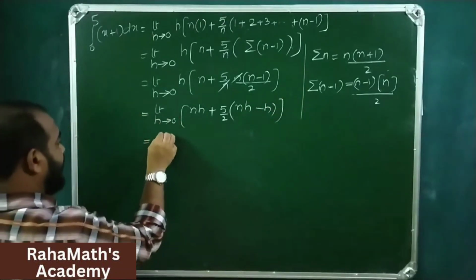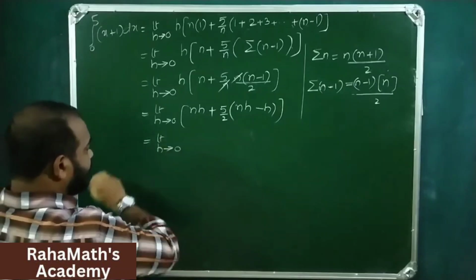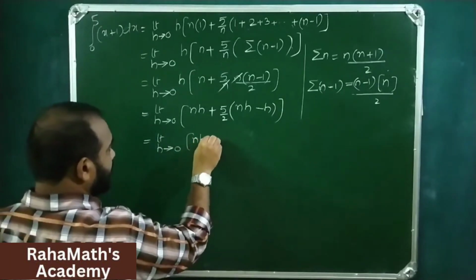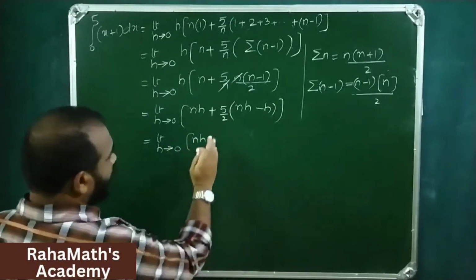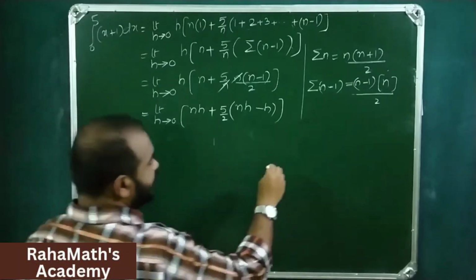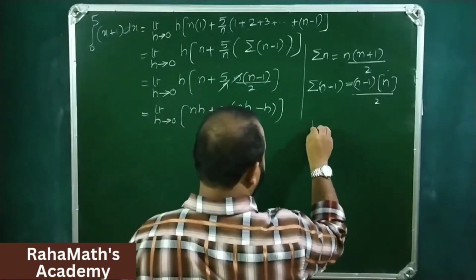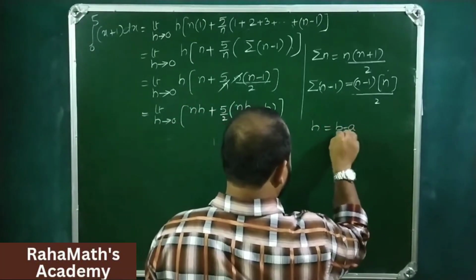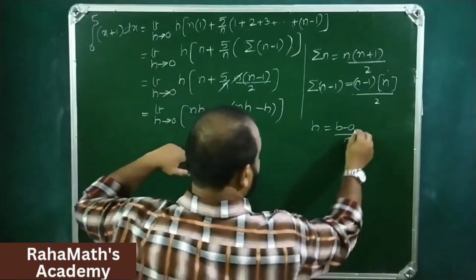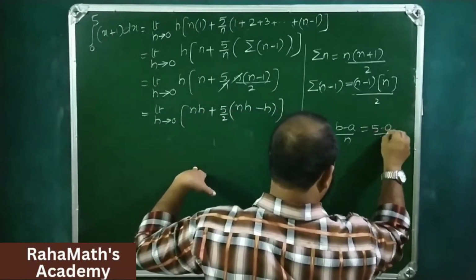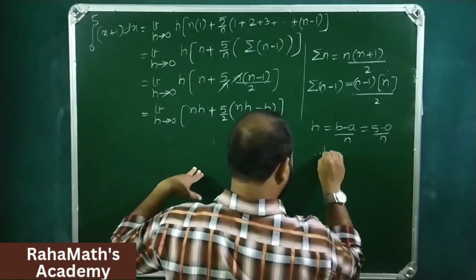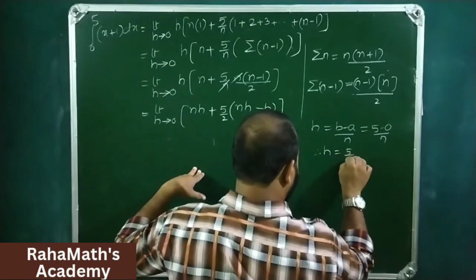That is equal to limit h tends to 0 of nh plus, so now, initially how much have I taken h to be? h is equal to b minus a by n. So that is 5 minus 0 by n. Therefore h is equal to 5 by n.